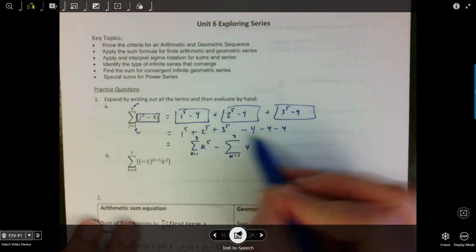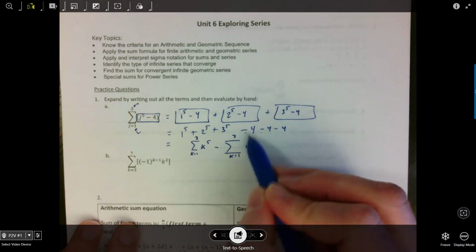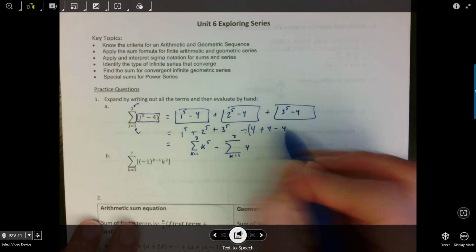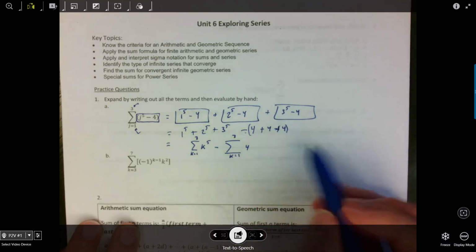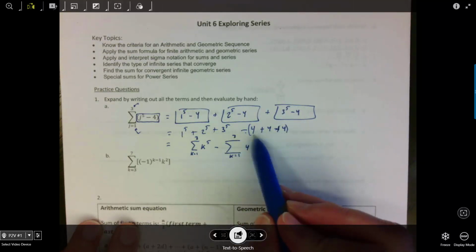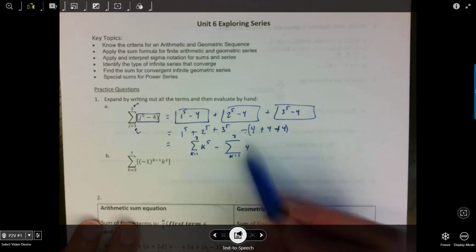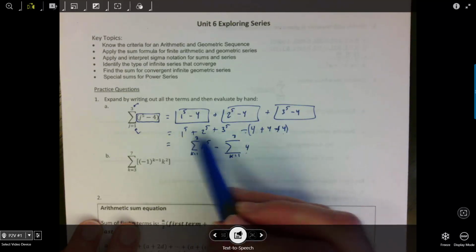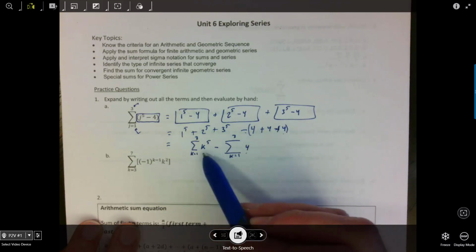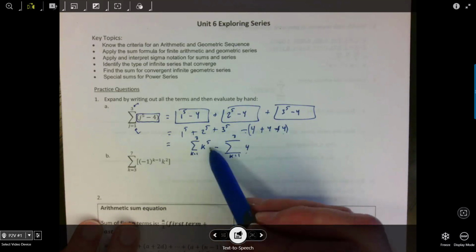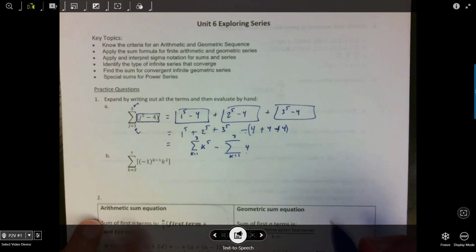I'm factoring the negative sign out here, so I'd have minus 4 plus 4 plus 4. And then I could rewrite the 4 plus 4 plus 4 as a sigma, where that's the thing that I'm adding 3 times. Here I'm adding 1 to the 5th, 2 to the 5th, 3 to the 5th, and so I have my dummy variable as the thing being raised to the 5th power.